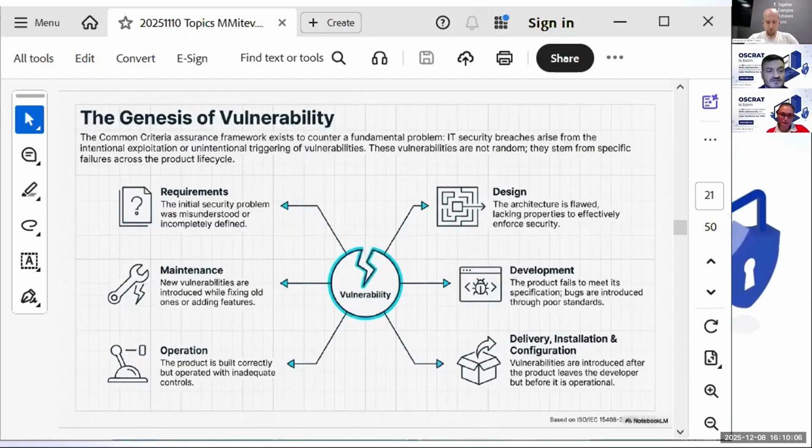Even a correct system can become insecure during operation or maintenance if changes are not controlled. Common Criteria assurance helps us understand each stage and prevent these weaknesses before attackers can exploit them.